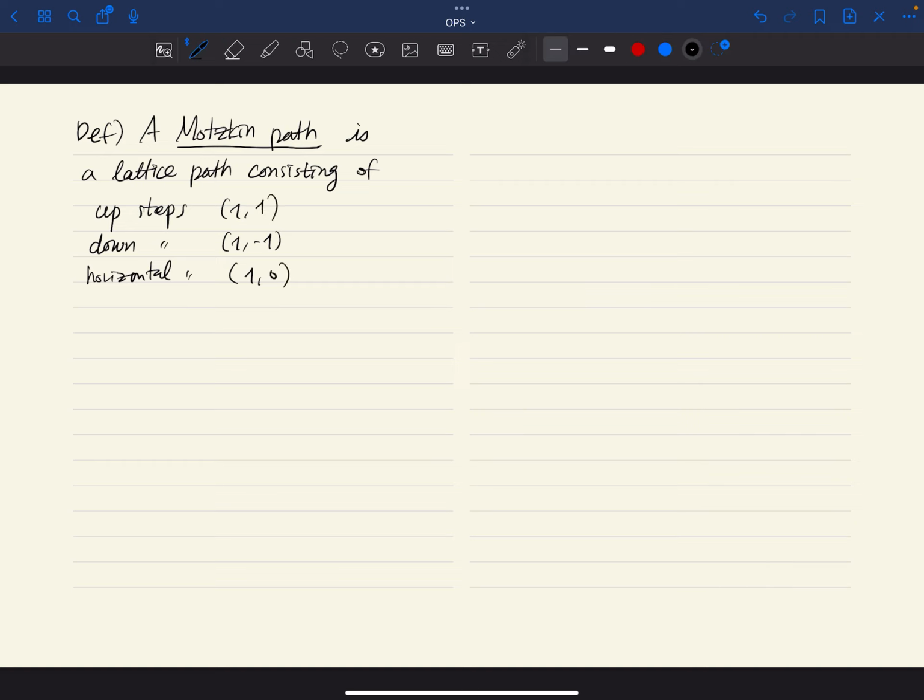So it may go up like the Dyck path, and also go down like that, and it may also stay at the same level like that.